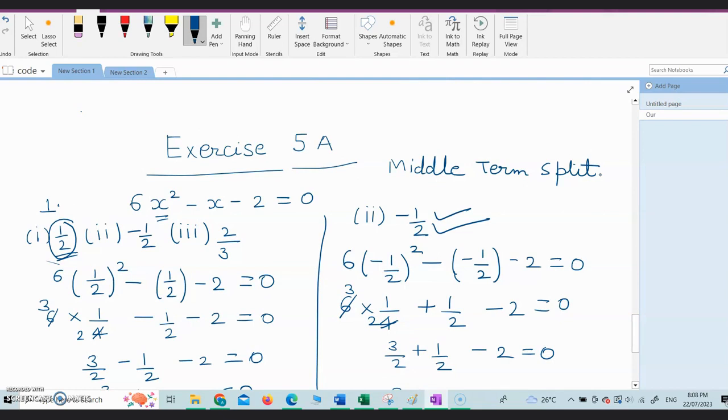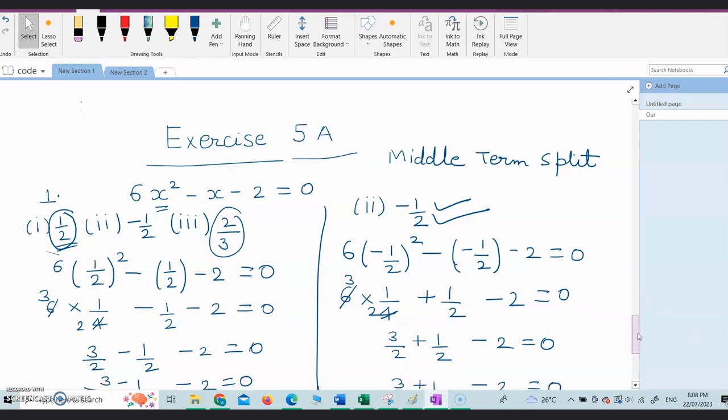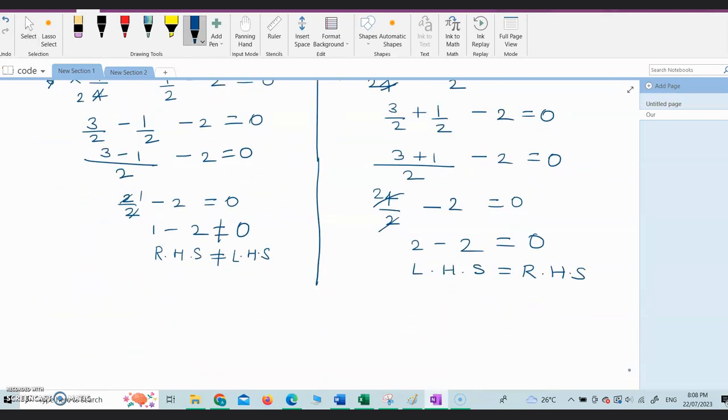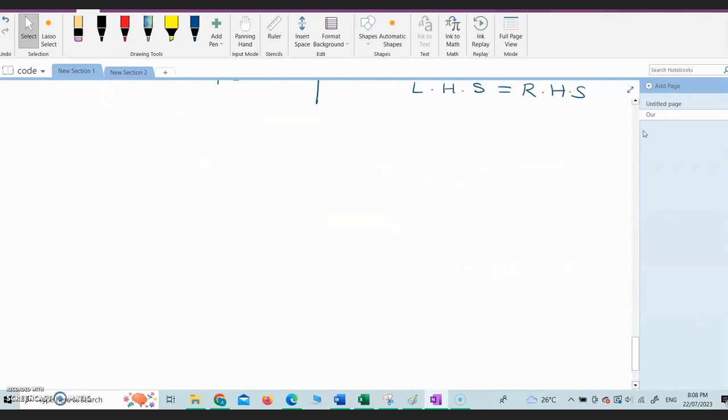Now we will check the last option as well, that is 2 by 3. So let's solve it for 2 by 3 as well. I will write the equation one more time over here. So equation was 6x square minus x minus 2 equals to 0.